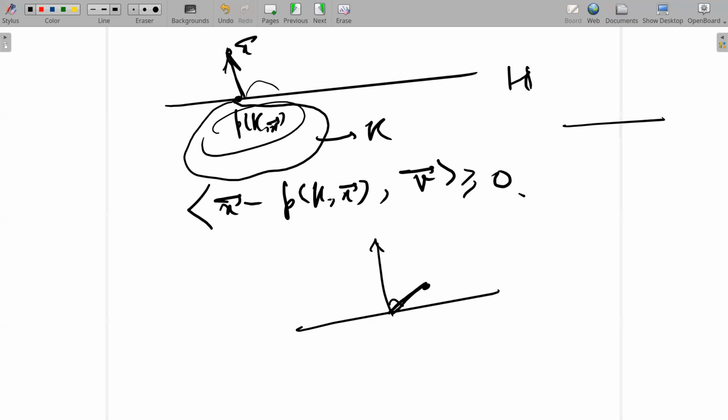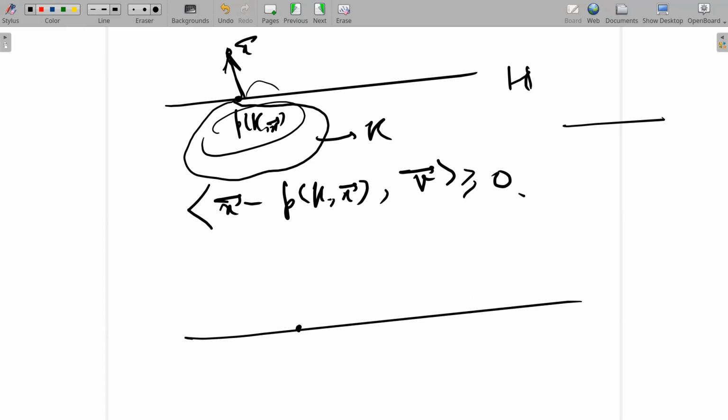This is an acute angle, so this distance will decline as you go from here to here. From what we saw in the previous theorem, because P_K x is the closest point in K to x, if you take any element of K, the angle between x minus P_K x and that element's direction will be more than 90 degrees. But we want to show that for v also. That vector will also be in that convex set.